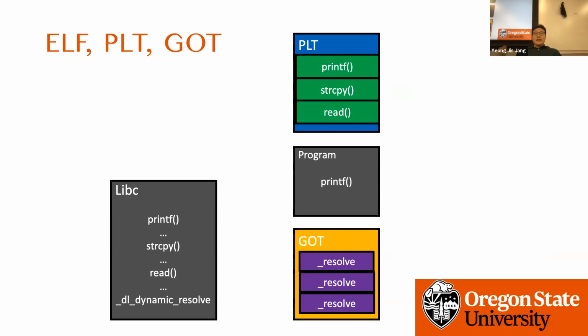So that means library addresses will be totally different, but we need to build a program that works for those systems. How we do that is we place the PLT at a fixed location, and then it will have a GOT at a fixed location within the code. Fixed location here means relative to the code address.